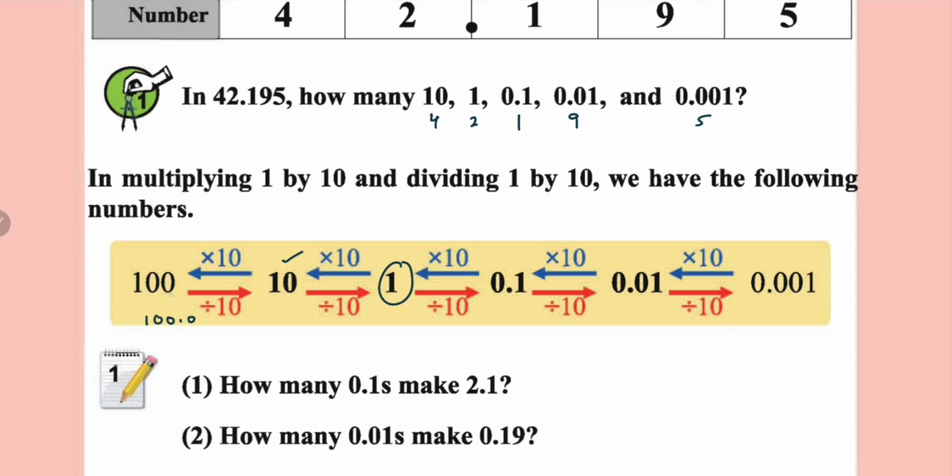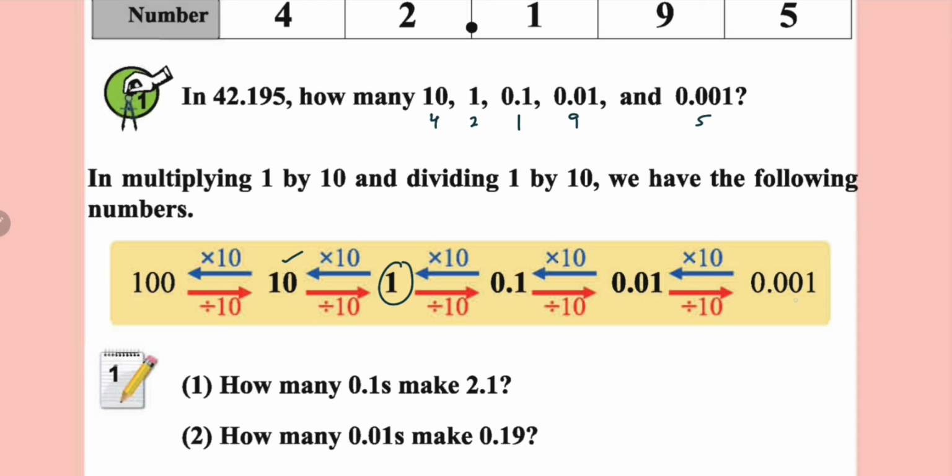When you divide 100 or 100.0 by 10, you will get 10.00 or 10.0. The zeros after the decimal point have no significance, but you can write them for illustration purposes. So 100 by 10 is 10, and the decimal point is shifted towards the left.